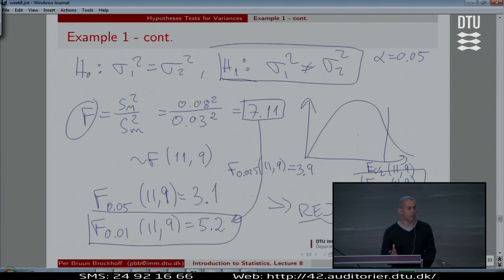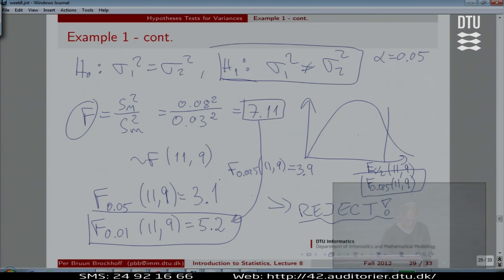It doesn't change my conclusion because I already knew, of course, that the point would be between 3 and 5. So it doesn't change anything. It's just to show you that if we use R, we can find all these percentiles very easily.